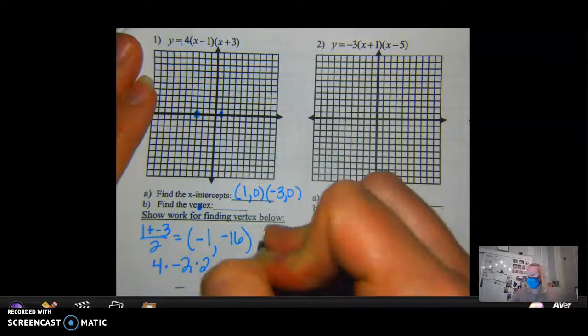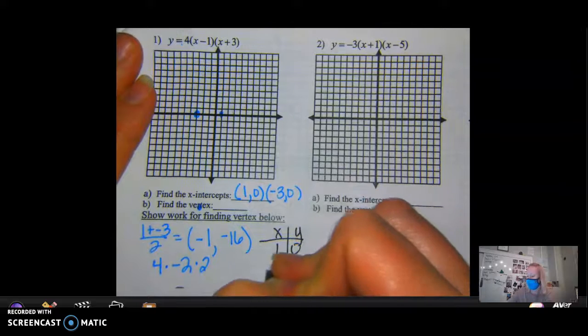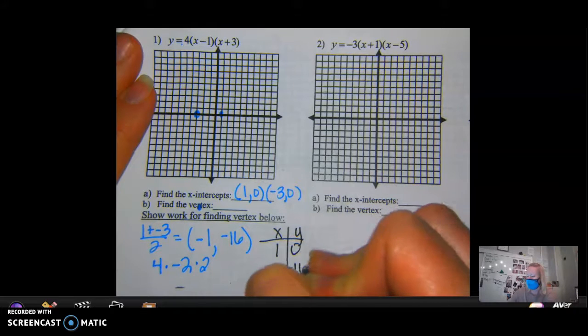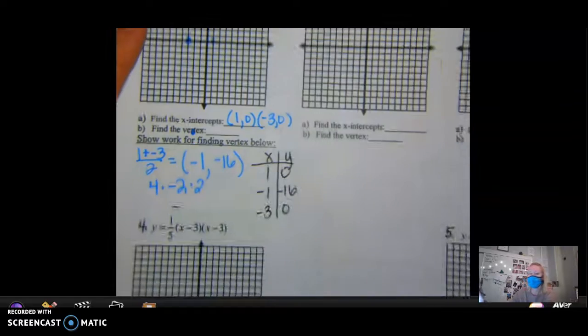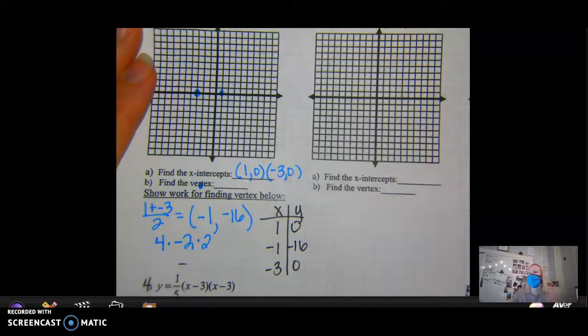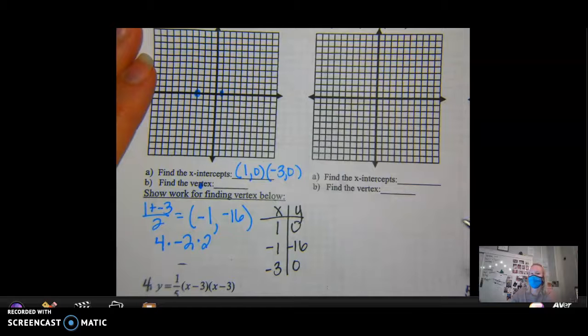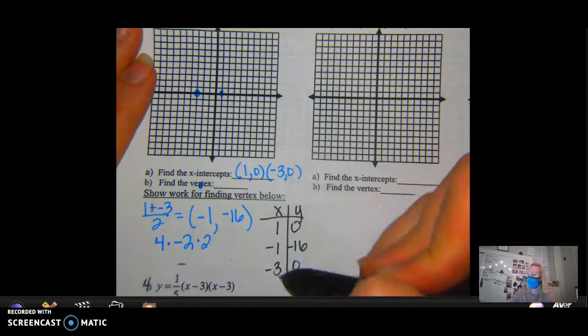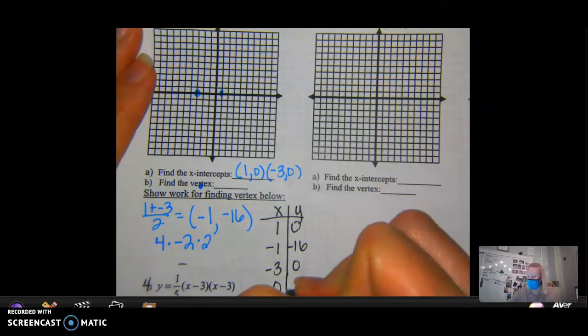If I create a table, I have a point at 1, 0, a point at -1, -16, and a point at -3, 0. Is there an x value in between those that I could use? I already have -1. Is there an x value in between these that I could use, guys? 0, thank you. Let's plug in 0.